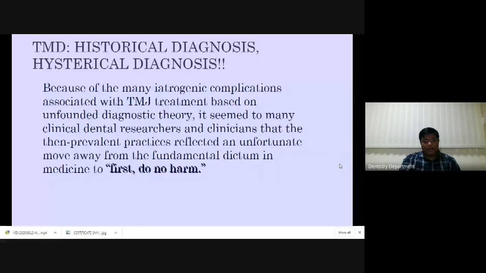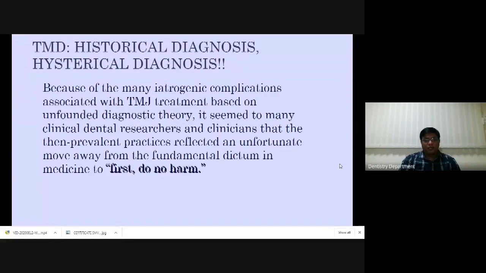Based on unfounded diagnostic theory, it seemed to many clinical dental researchers and clinicians that the then prevalent practices reflected an unfortunate move. They started experimenting with different kinds of treatment because there was no strong diagnostic theory.